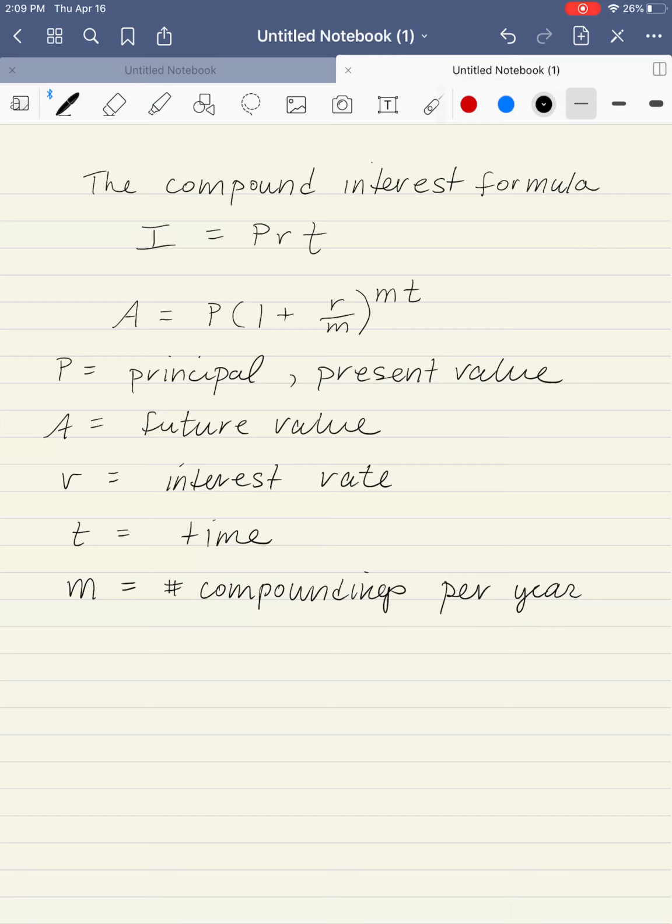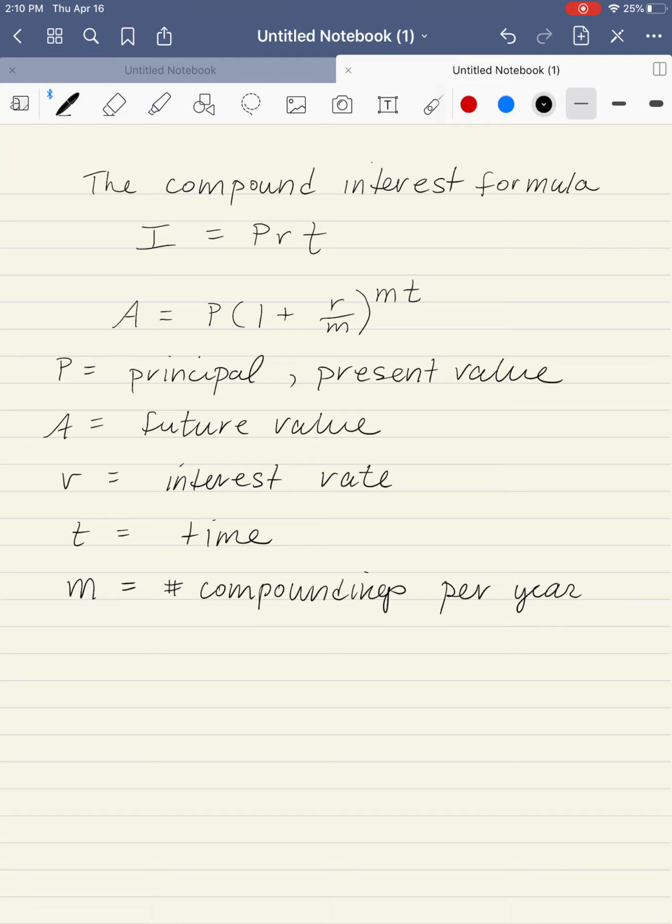So if I have an amount of money, P, capital P, and I place that into, say, a savings account, getting a certain interest rate, let's say that it's compounded monthly. That means that at the end of the first month, the interest just for that month will be taken on the original principal and added back in. So when the interest is taken again at the end of the second month, you're taking the interest just for that month over the original principal, but also over that little bit of interest you've already made.